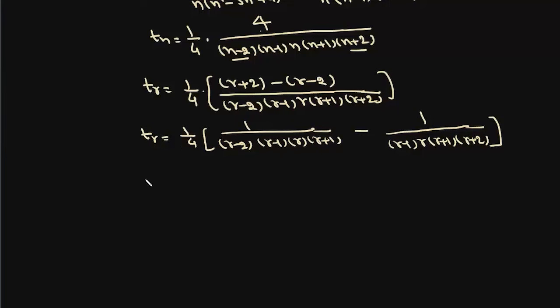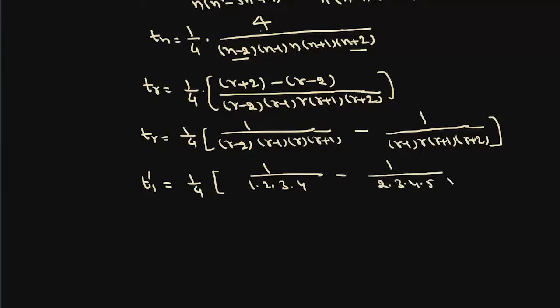So this first term, suppose it is t1 dash, will be 1 by 4, and if we put r as 3, we'll get this as 1, 2, 3, 4, and here it will be 2, 3, 4, 5.